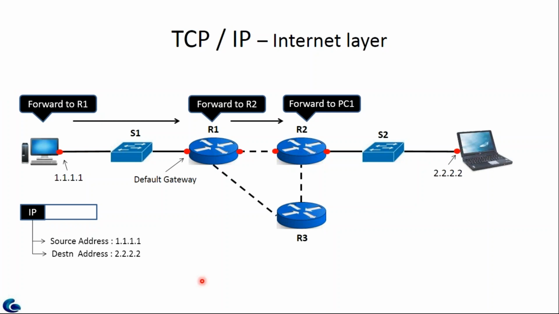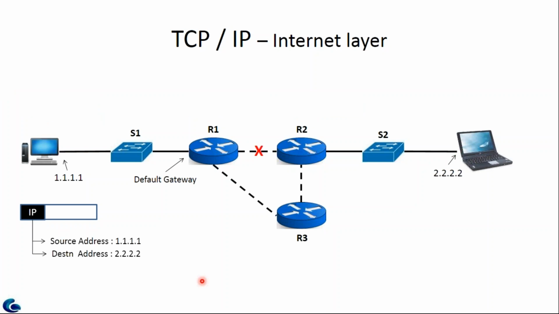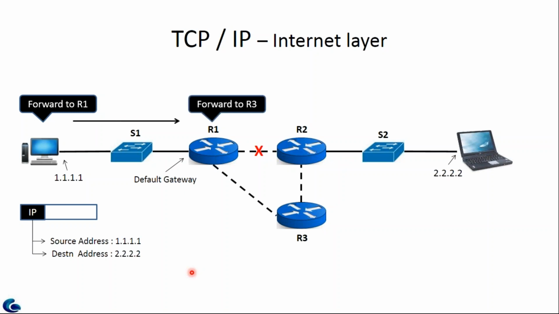Now, like in the post office, you may have many paths available. So here I have taken a very simple diagram. So it reaches the destination through an alternate path as well. For some reason, for example, if this is broken, what will happen? R1 adjusts itself in its routing table saying that I lost the connection to R2. Let me search for the next best path and forward it to R3 instead of R2.